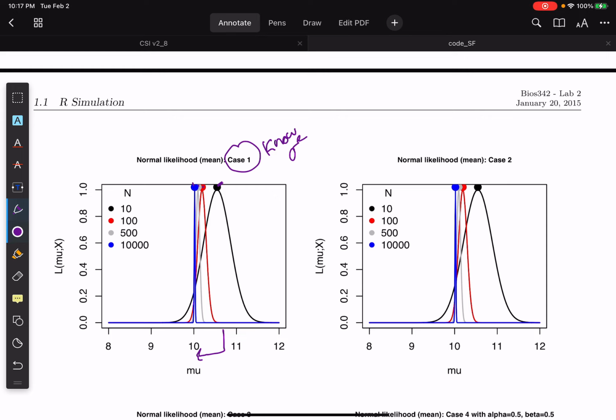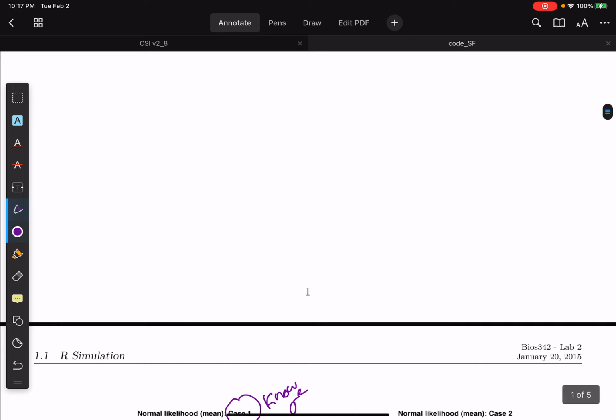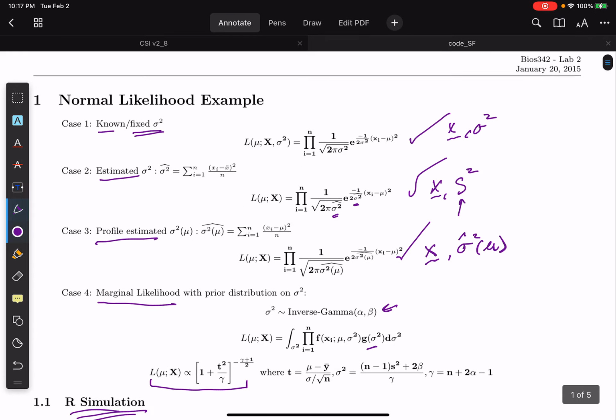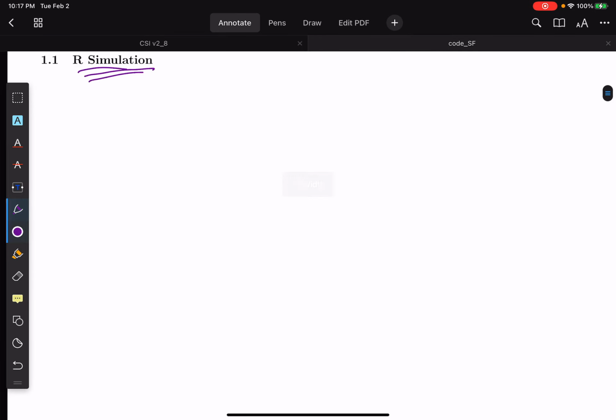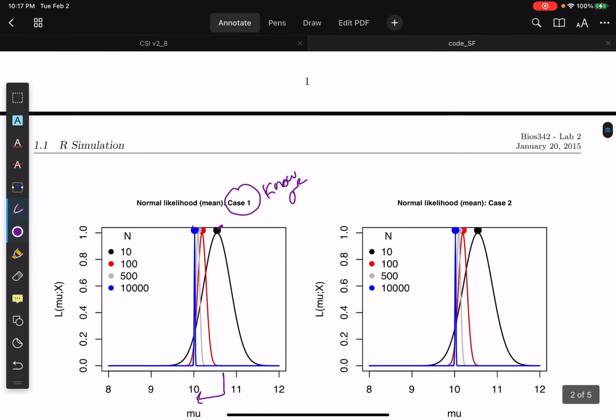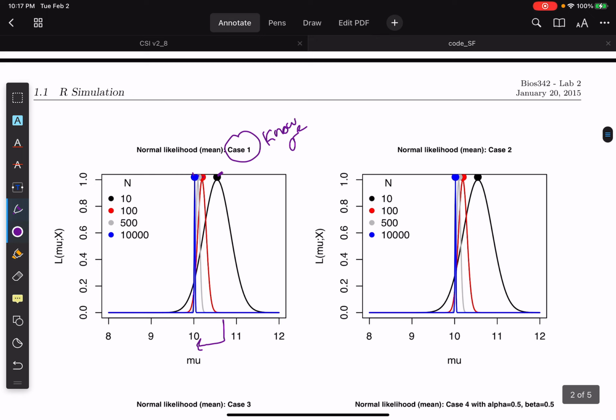Case 2 now, if we go back, I believe this was the estimated likelihood, and we're going to plug in an estimate of the variance. So here we're plugging in s squared for the variance. We plug that in, and that doesn't look too different, although it's hard to compare directly.